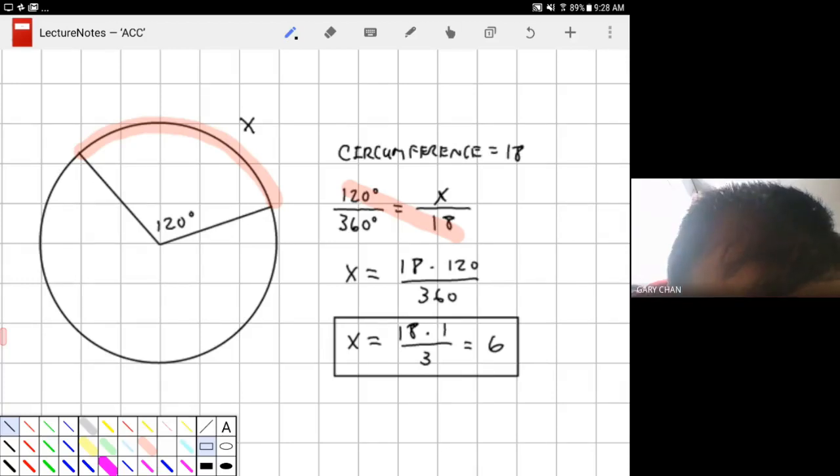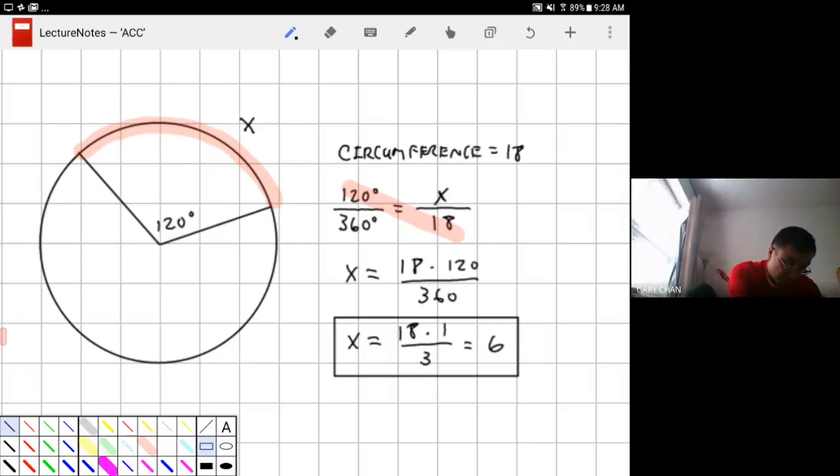And in this case, you're asked to find the arc over 20 degrees. So I'm going to draw this out.